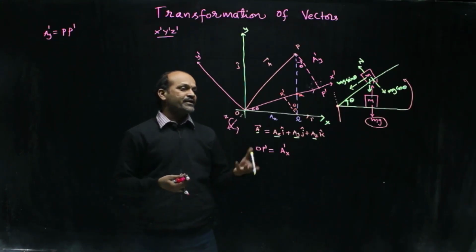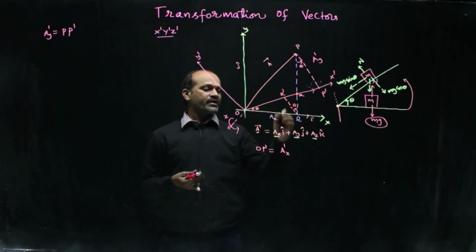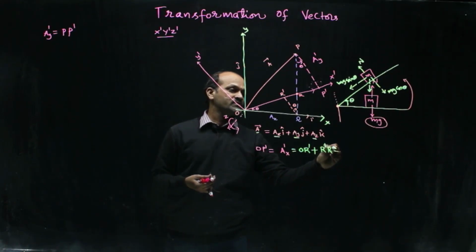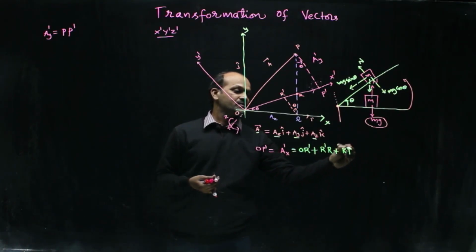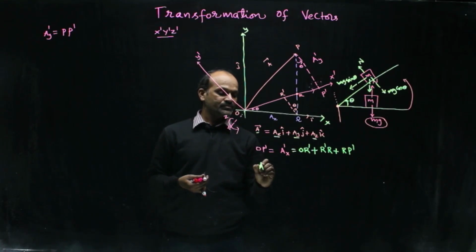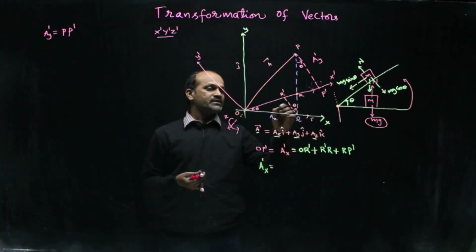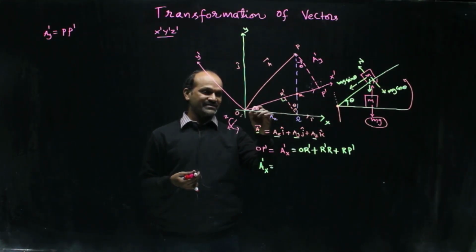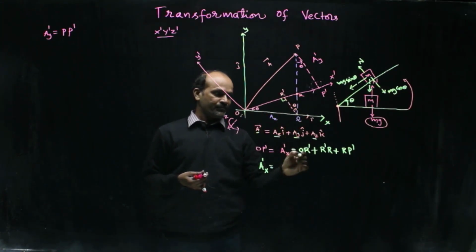Now, what is OP dash? OP dash is OR dash plus R dash R plus RP dash. So, Ax dash is equal to OR dash. See, where is OR dash? OR dash is the adjacent side, because it is a normal. In the triangle OR dash Q, you will get OR dash.